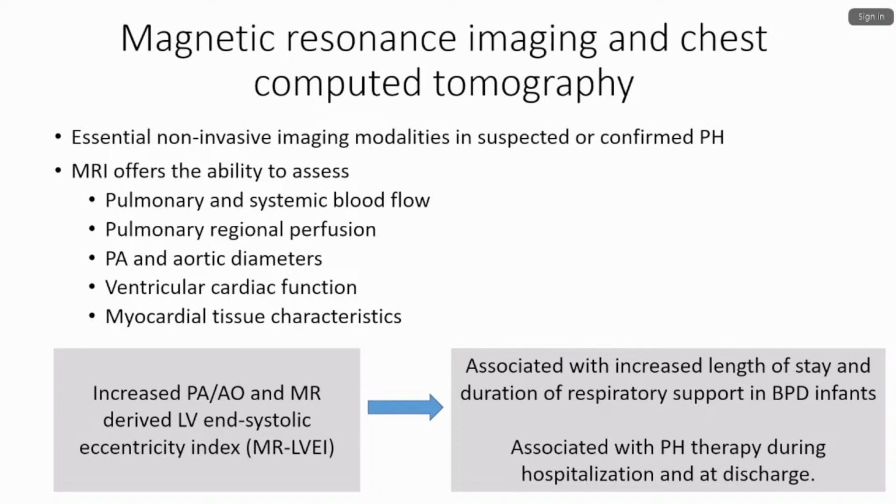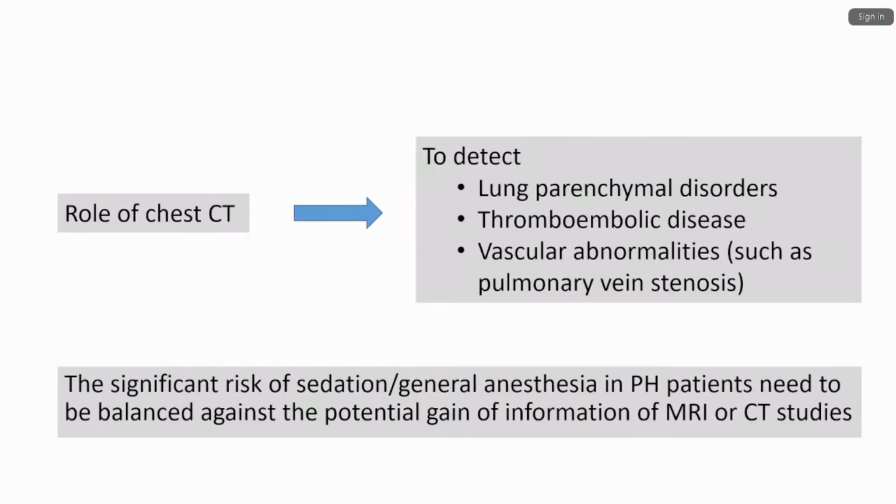There is increase in PA by AO and MR-derived LV systolic eccentricity index associated with increased length of stay and duration of respiratory support in the BPD infants, and associated with the pulmonary hypertension therapy during hospitalization and at discharge. Then role of CT is to detect the pulmonary parenchymal disorder, thromboembolic disease, vascular abnormalities such as pulmonary vein stenosis.